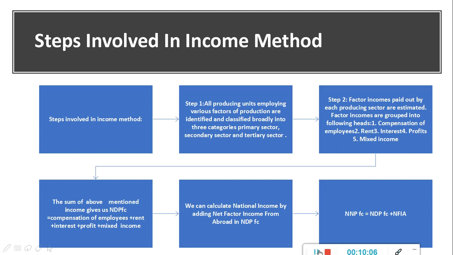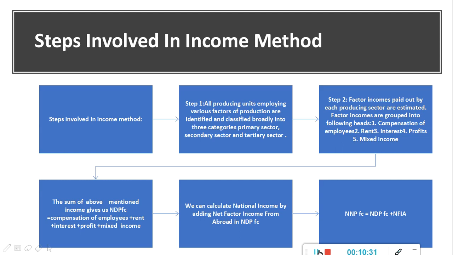First is primary sector, second is secondary sector, third is tertiary sector. Primary sector is known as agriculture, secondary sector is meant for manufacturing, converting raw material into finished product, and tertiary sector is referred to as service sector, providing services like insurance, banking, shipping.